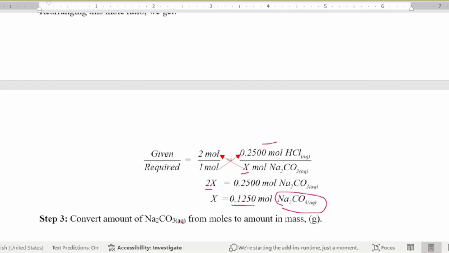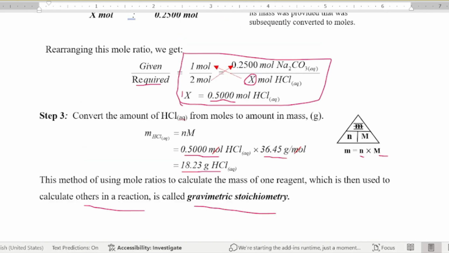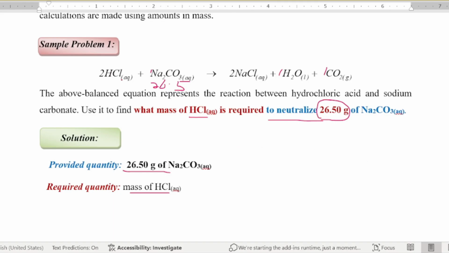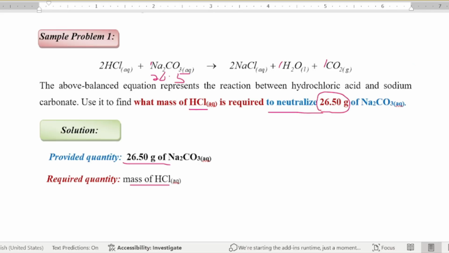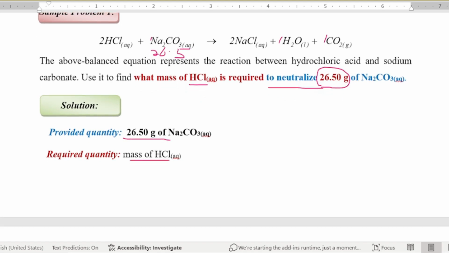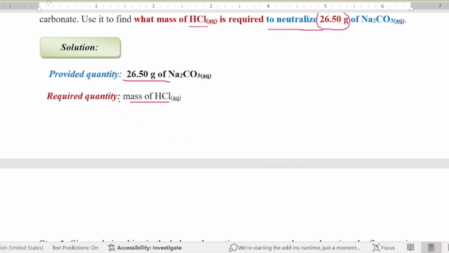Quick review of that. You'll be given a certain mass of one reagent, and asked to find the mass of the other reagent that is required to react with it. The first thing you do is find the number of moles of that reagent. In this case, it is 26.5 grams of sodium carbonate, and you want to find the mass of HCl that is required.